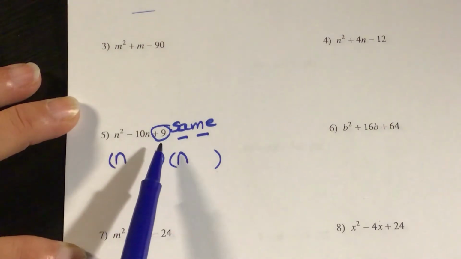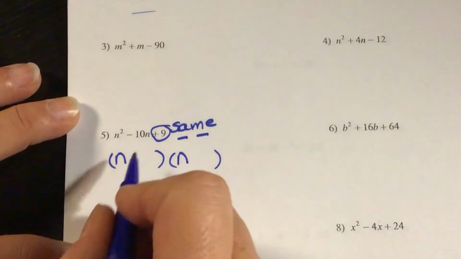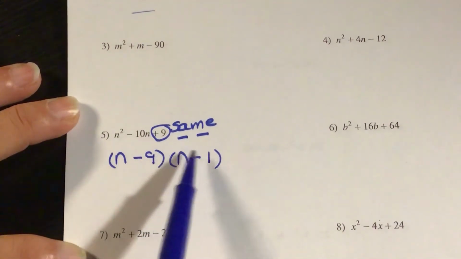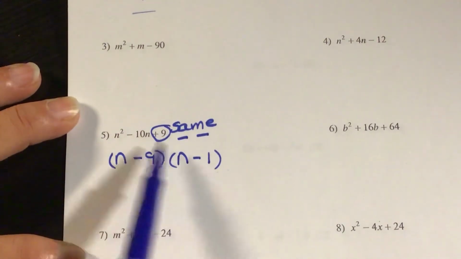The numbers that multiply to be 9 are 9 and 1 or 3 and 3. Those numbers have to add to be the middle term, so we're going to use minus 9 and minus 1. They multiply to be positive 9, but they add to be negative 10.